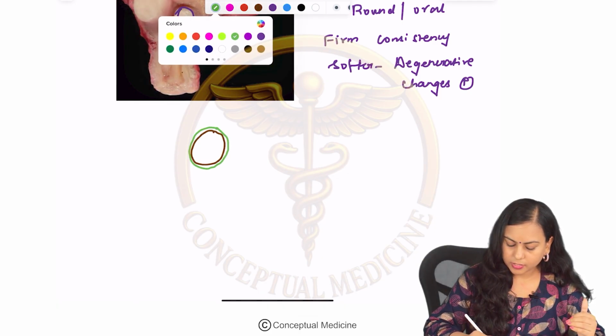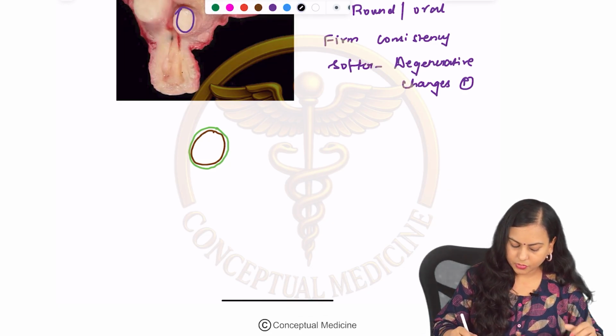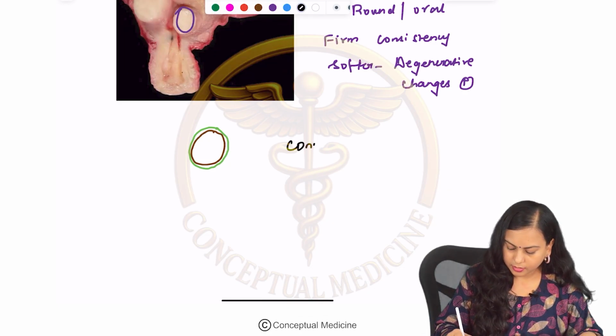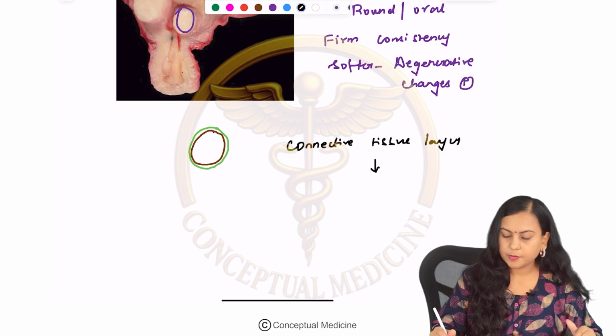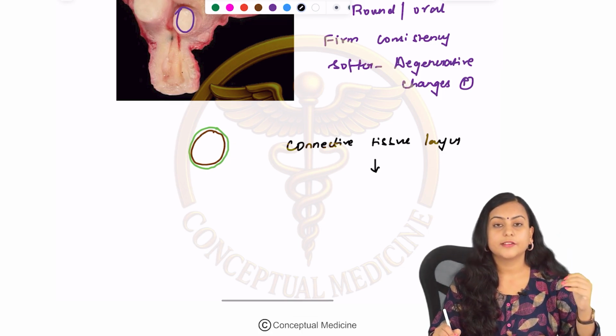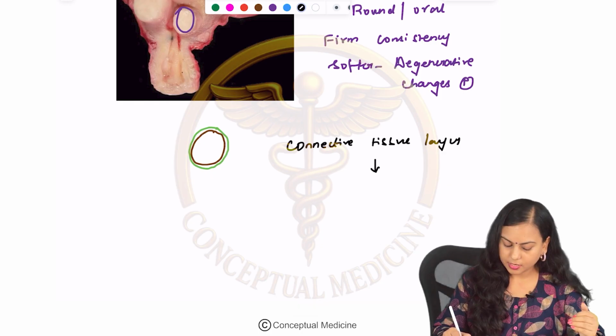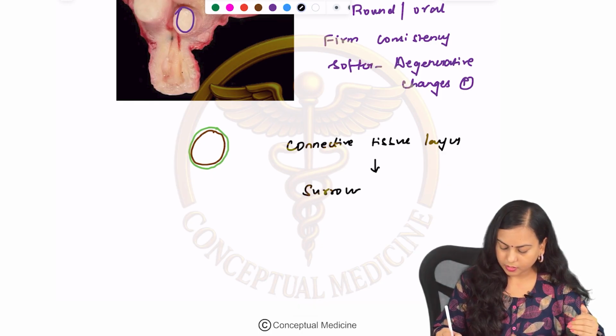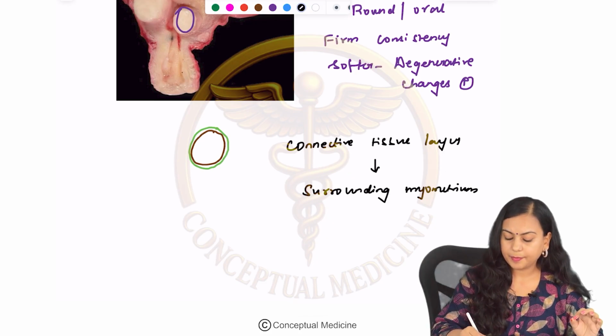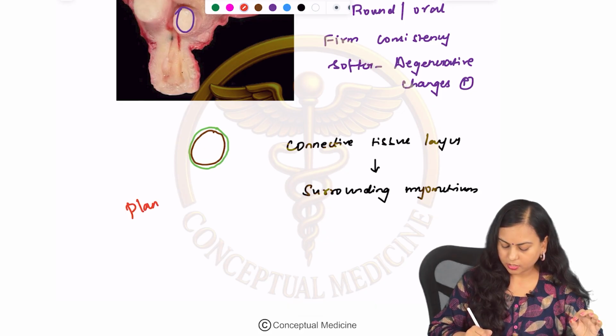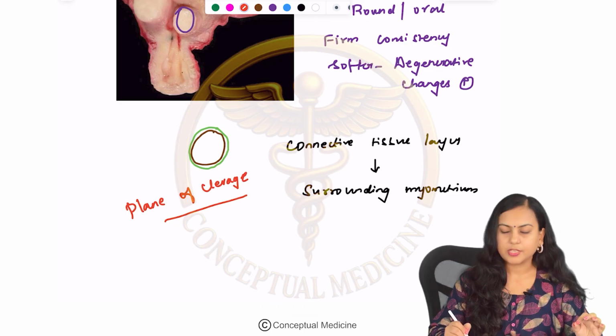Okay, so what does the pseudocapsule mean? This pseudocapsule is a connective tissue layer that will be separating the leiomyoma from the surrounding myometrium. Okay, and this becomes the plane of cleavage when you offer a myomectomy to a patient.